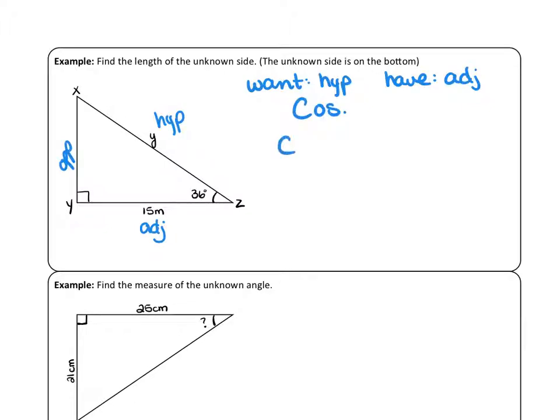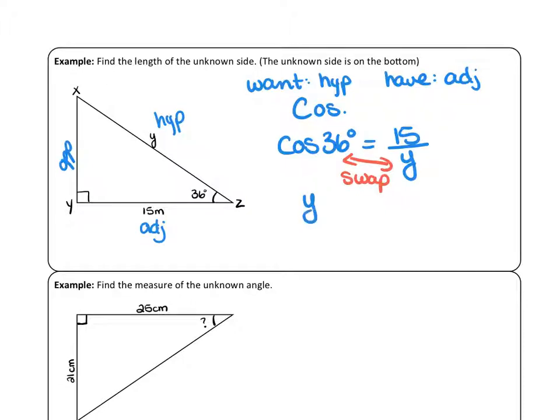So again, same setup, cos 36 degrees equals our adjacent, which is 15, over our hypotenuse, and we don't know that, so that's why. Okay, this time, because it's on the bottom, what I say is swap them. Because if you swap them, it just makes it really easy.